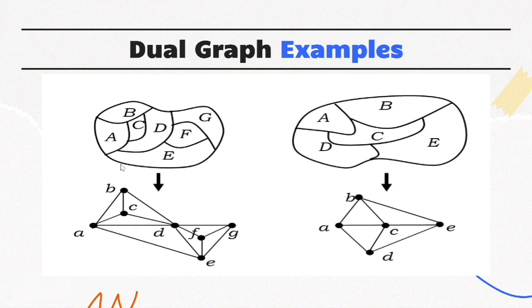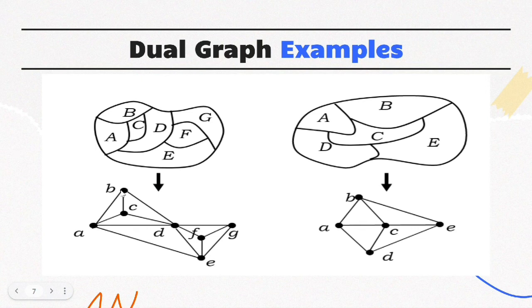Take note that regions B, A, C, D, E, F, G are represented by vertices, or what we call the points, right? And if the regions share common boundaries, like B, A, and C, they share these boundaries, so it is represented by edges.